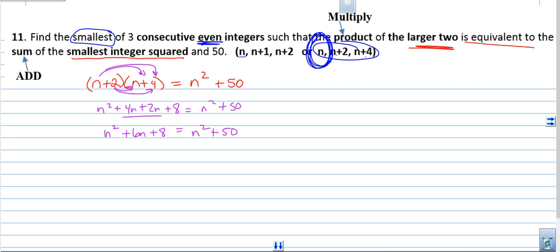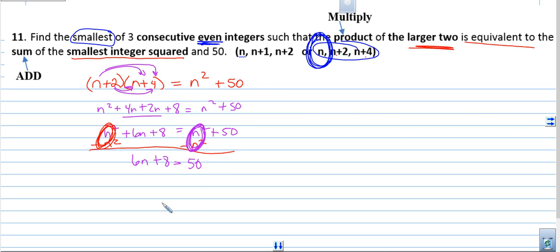Okay, so you see that they have an n squared, so we need to try to get everything to one side. So I'm going to subtract n squared from both sides. N squared minus n squared is 0, so it goes away. Don't put just an n squared, because it literally just goes away. 6n comes down, the plus 8 will come down, equals n squared minus n squared is 0, and 50 will come down.